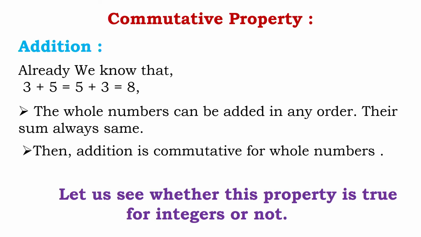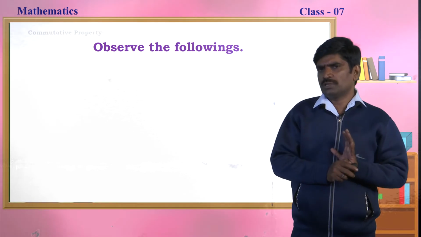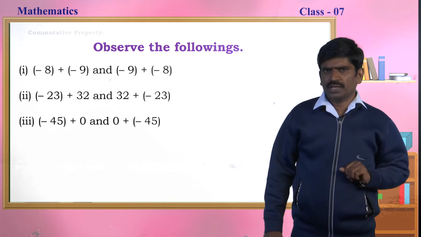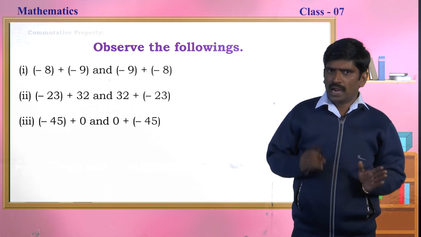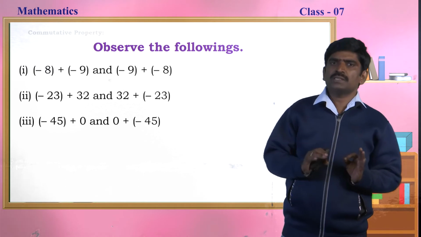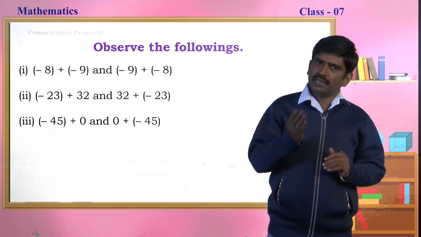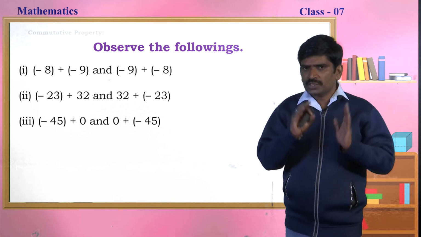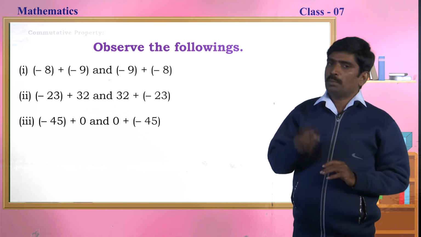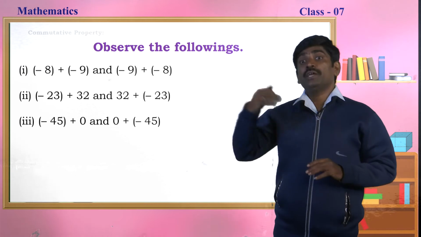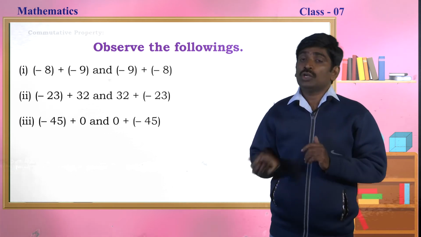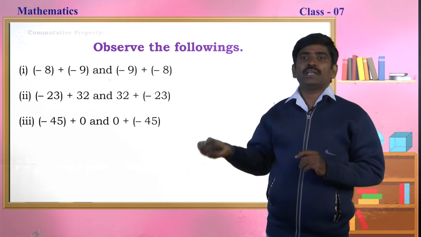Let us see whether this property holds for integers or not. Observe the following questions, then after we discuss it. There are three questions here: minus 8 plus minus 9 and minus 9 plus minus 8, the reverse order; minus 23 plus 32 and 32 plus minus 23; minus 45 plus 0 and 0 plus minus 45.